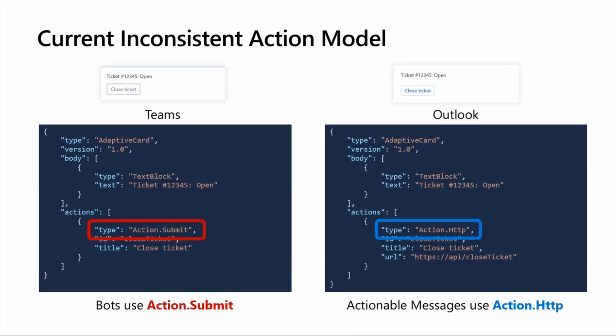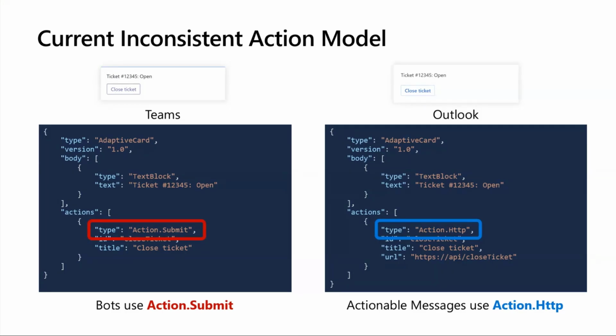So if you were to use an adaptive card based integration on Teams, you would want to use action.submit as your action type. And if you wanted to build an application for the same scenario in Outlook, you would be tempted to use action.http as the action type.